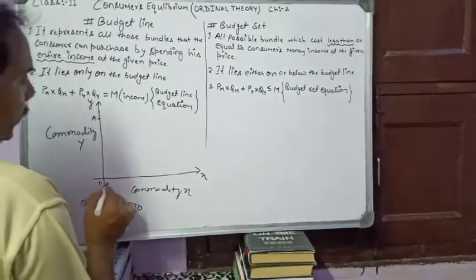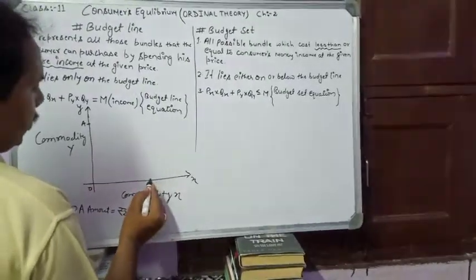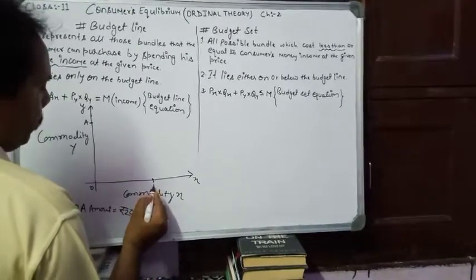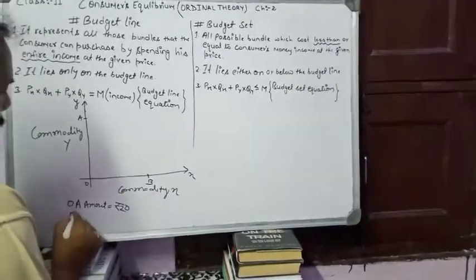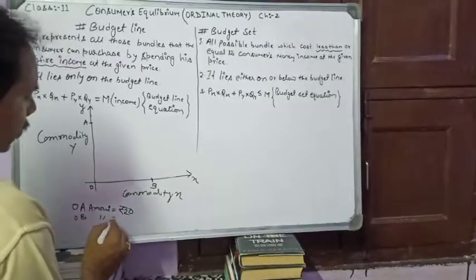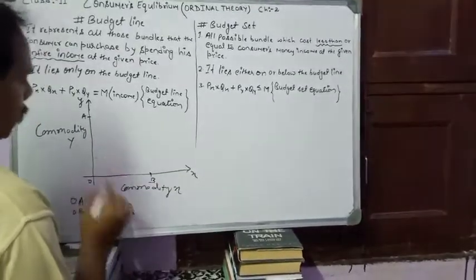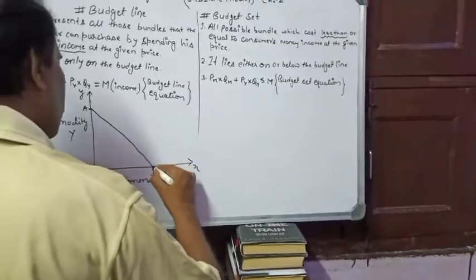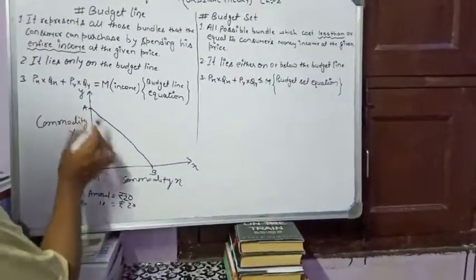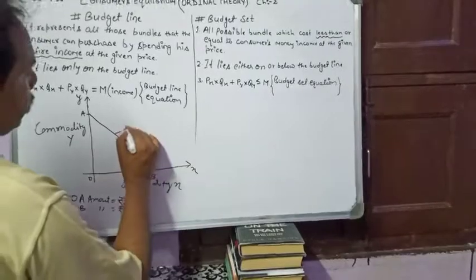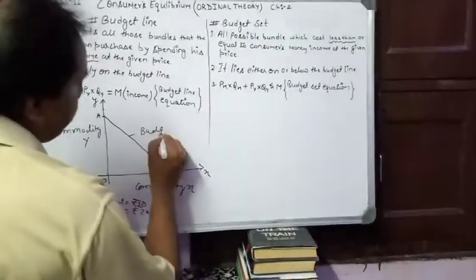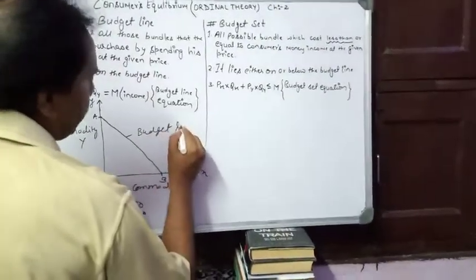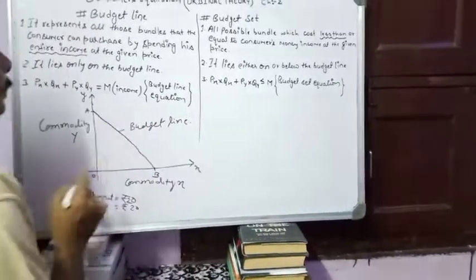And if he is ready to spend only on commodity X, up to point B, then OB is equal to rupees 20. If we join A and B, AB becomes our budget line.